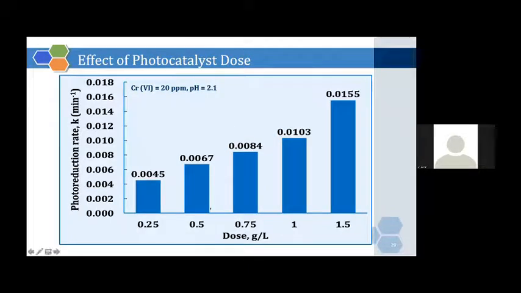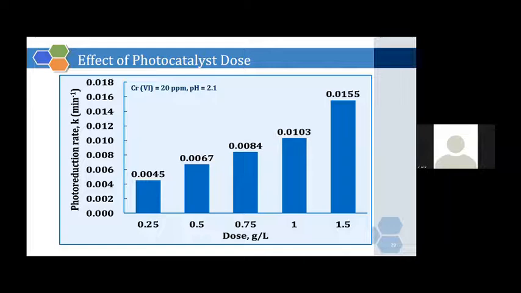To study the effect of photocatalyst dose, the initial chromium concentration was 20 ppm at pH equal 2.1. As we can see, the photocatalytic rate increased from 0.0045 up to 0.0155 min^-1 by increasing the photocatalyst amount.